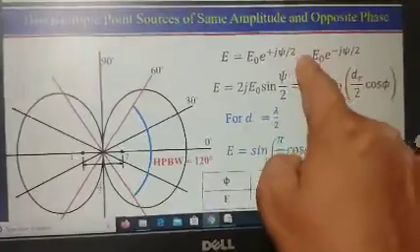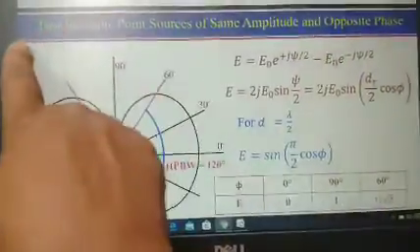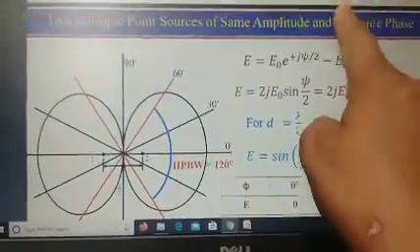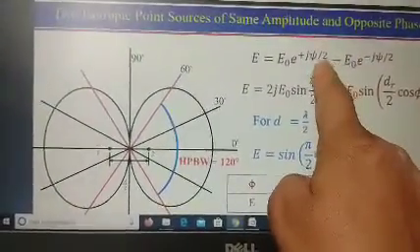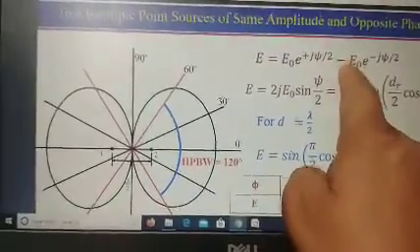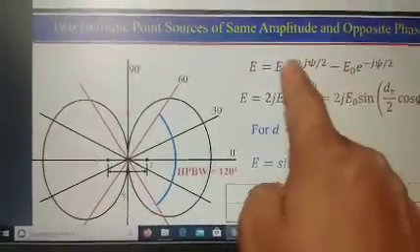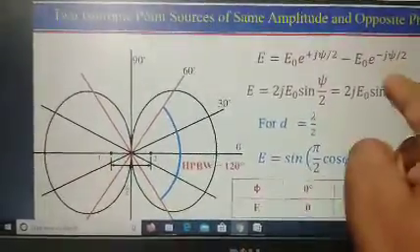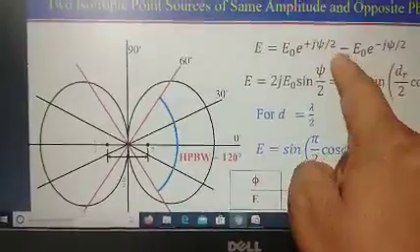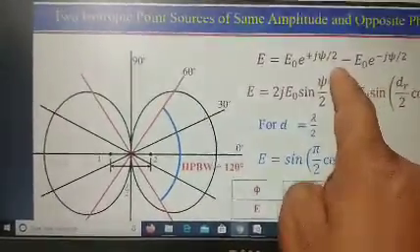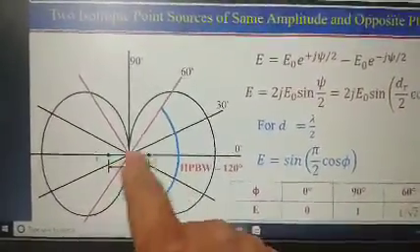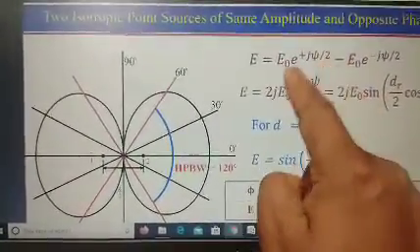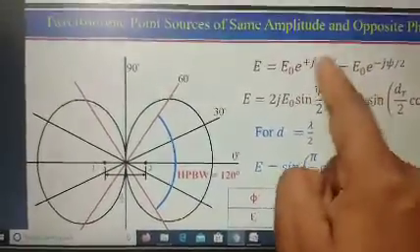In the previous case, the two isotropic point sources had the same amplitude and the same phase, indicated by the plus sign, meaning sources 1 and 2 are in phase. The minus sign indicates that the two isotropic point sources are in opposite phase.